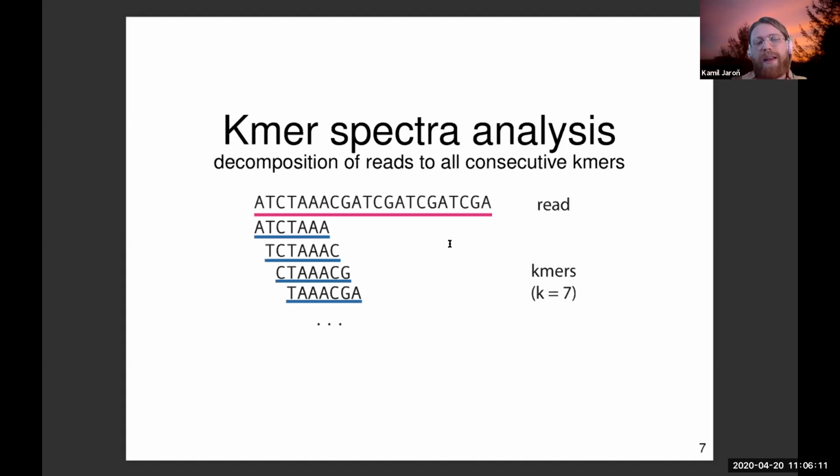However, I just wanted to show that decomposing a read into Kmers means taking the first to the 7th nucleotide in this example, the second to the 8th, etc. So every single read produces read length minus Kmer length plus one Kmers.